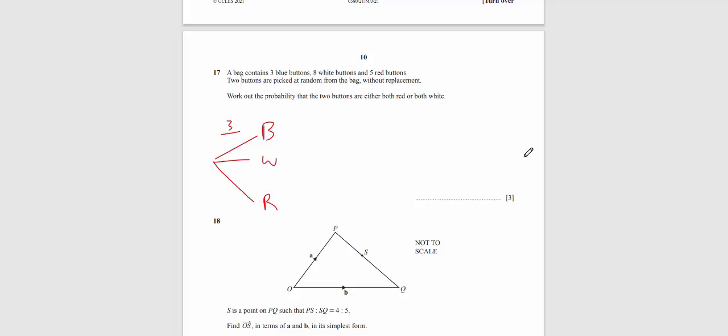In this case, the total number of buttons will be 16. And then the white we have 8 over 16. The red we have 5 over 16. And then we have to draw another chain again because you actually pick 2 times. Okay.